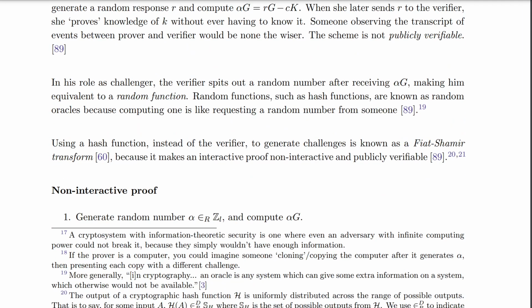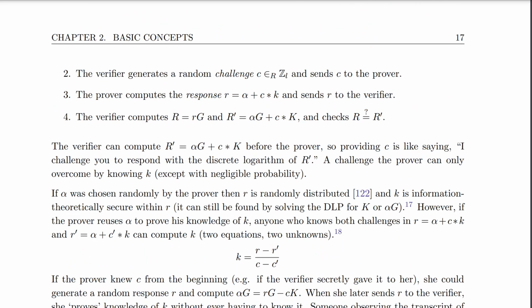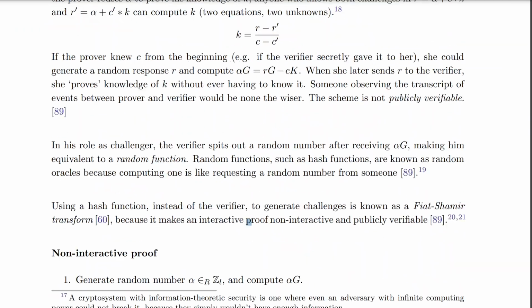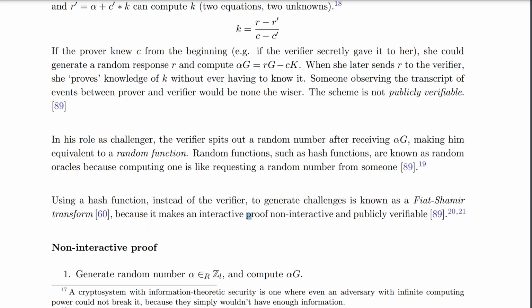And that's the next step in this process, right? Using a hash function instead of the verifier to generate the challenge. When you do that, that is the process known as the Fiat-Shamir transform, and it makes this interactive proof non-interactive and publicly verifiable, right? Now the prover is just going to go through this sequence. There's no possible conspiracy between themselves and the verifier, and therefore this becomes a non-interactive process where the prover just goes through, and it's publicly verifiable because there's no conspiracy.